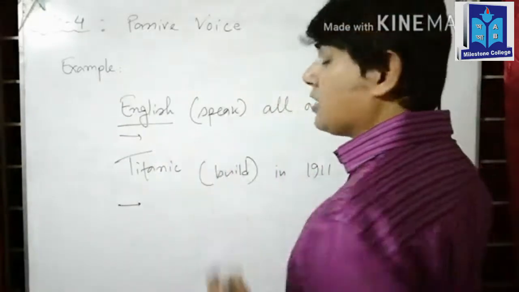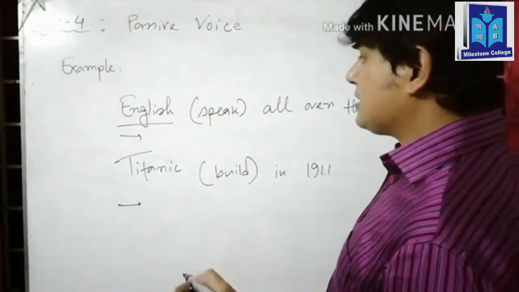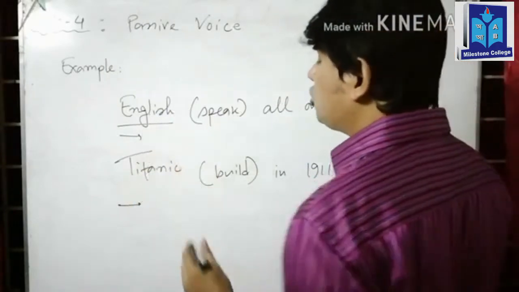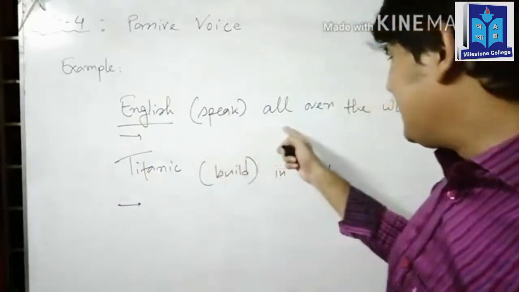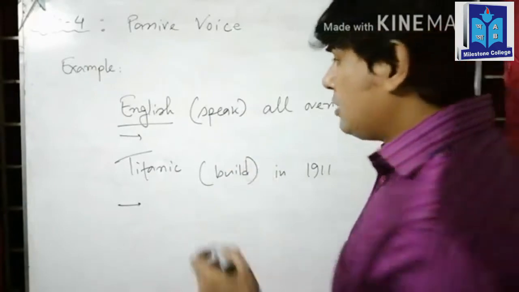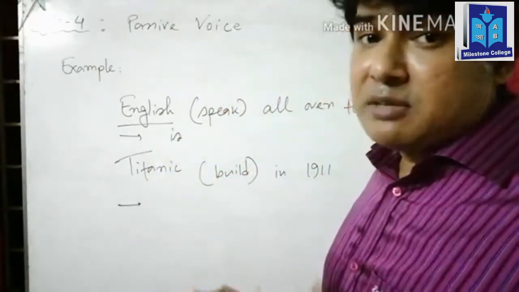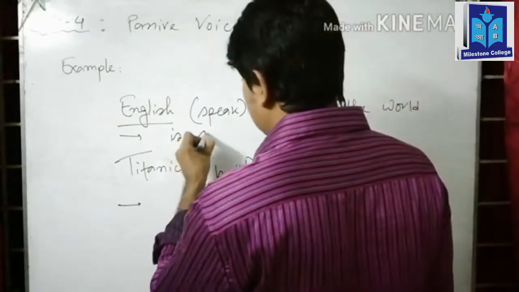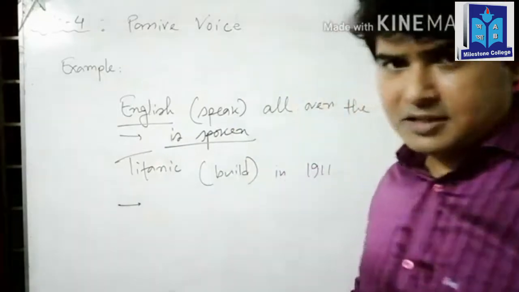So what can we do in this passive sentence? In a passive sentence, you have to give a be verb there, tense wise. Since this is a present simple sentence or a general truth, that's why English is, and then the V3 or past participle form of this verb. English is spoken. There is the answer.